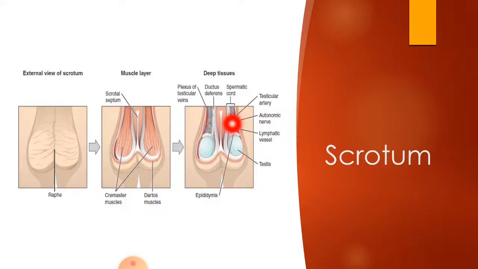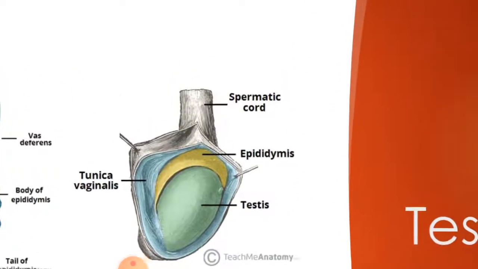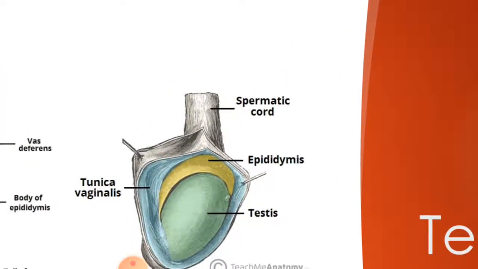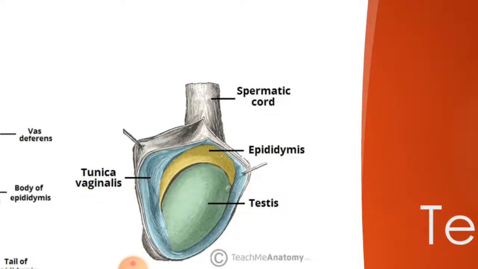They are lying within the scrotum in each compartment, and these are suspended through the spermatic cords, and these are the testes. And if we talk about their structure, then the outermost layer is the tunica vaginalis, and this is basically a peritoneum.